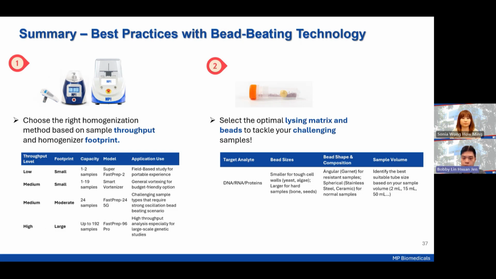For the next part, the bead shape and composition, we take into account the different compositions, either angular or spherical shaped beads. And lastly is the sample volume. How much throughput are you using?